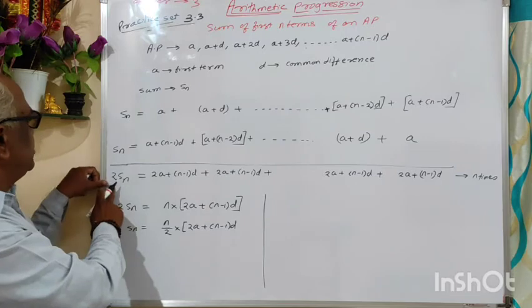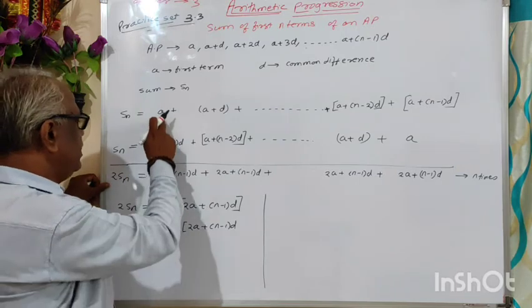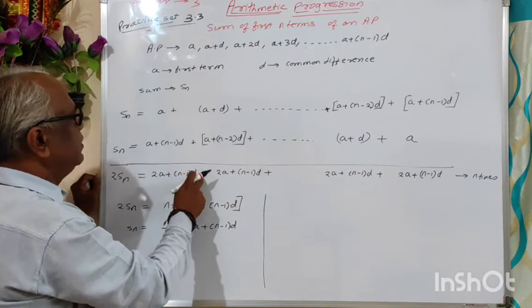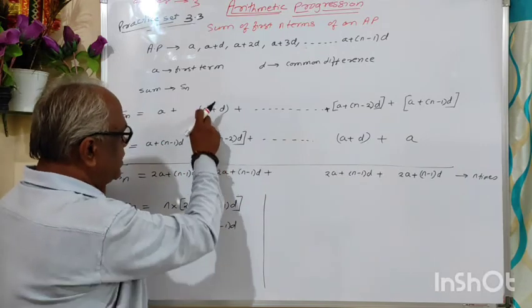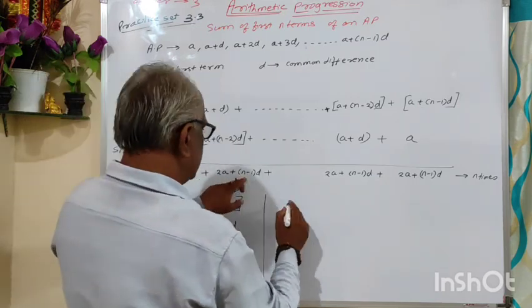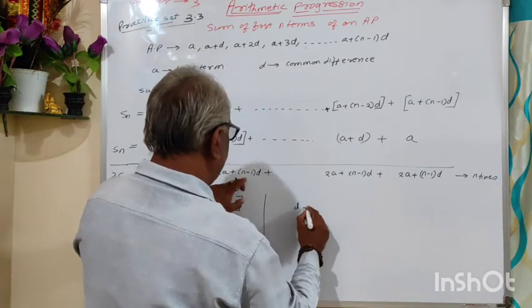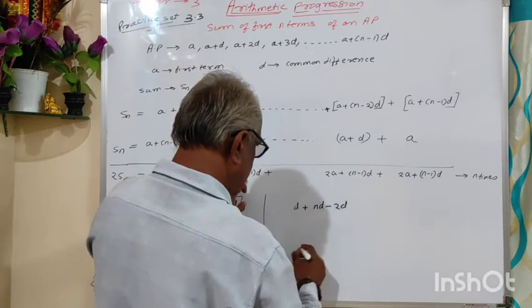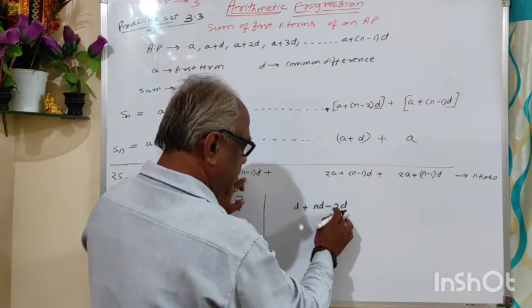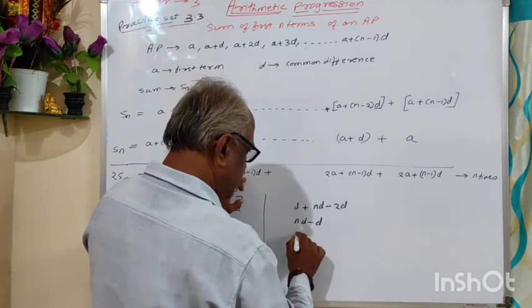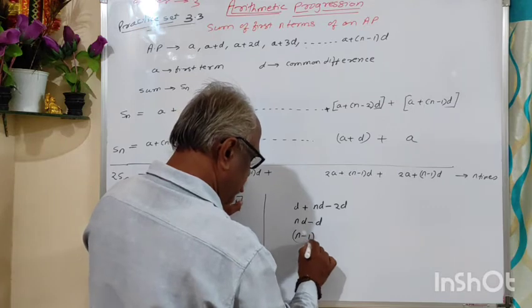Sn plus Sn, that is 2Sn, is equal to a plus a plus (n minus 1)d, plus a plus a, that is 2a plus (n minus 1)d. Now how does this come? Here d plus (n minus 1)d minus 2d... d minus 2d, that is minus d, so here it is (n minus 1) into d.